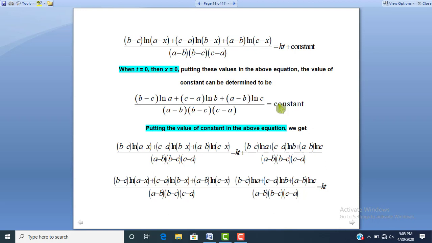So for the sake of simplicity, in which equation will we put this value? In this equation, which I have written above. So we will write the value of the constant in this equation, and if you compare this and this equation, you will observe that the left-hand sides of the equations are the same, and here kt plus c, and this is the value of c.